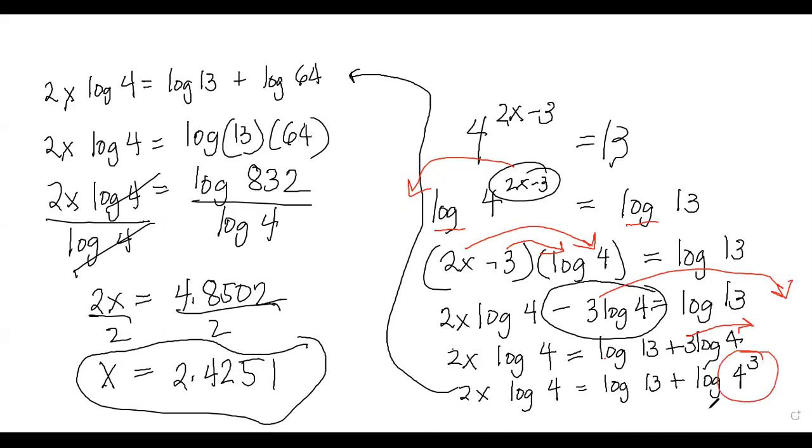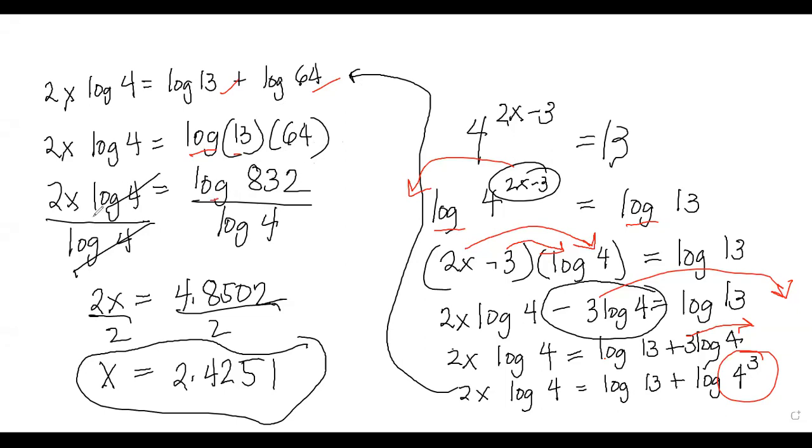Okay. Ano ang value ng 4 raised to 3? Sorry, wait lang. So that is 64. Ngayon, using product rule, pagsamahin natin si 13 and 64. So magiging log of 13 times 64 siya. That would give us logarithm of 832.